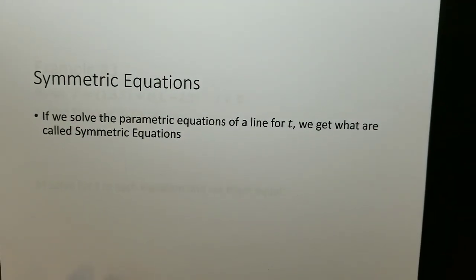The last type of equations in R3, we're not going to have the Cartesian equations in R3, or the scalar equations that we also called those. We are going to have something different called symmetric equations. So what we're going to do for symmetric equations is solve those parametric equations of a line for the value t, and then set them all equal to each other.